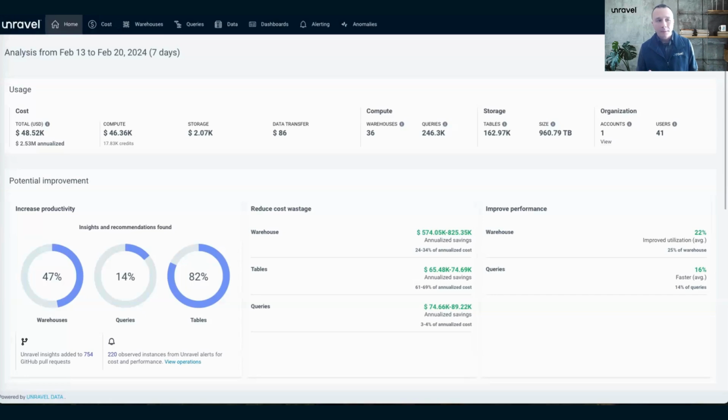Alrighty. So zooming out, let's just take a step back for a second. At the end of the day, Unravel is looking at every single query, all your warehouses across all your accounts automatically, and saying one of two things: either yes, everything is optimized, ideal state, or hey, not so much. And the homepage is giving you that glimpse into the health of your Snowflake estate or environment.